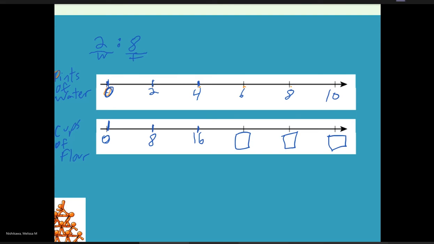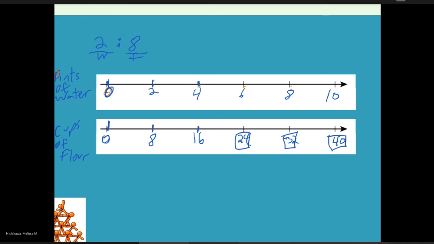So I'm going to move us along because I know we have about 5 minutes. So our next ones will be 24, 32, and 40. After that, we were asked to look at our double number line, and we're going to use it to answer these questions.